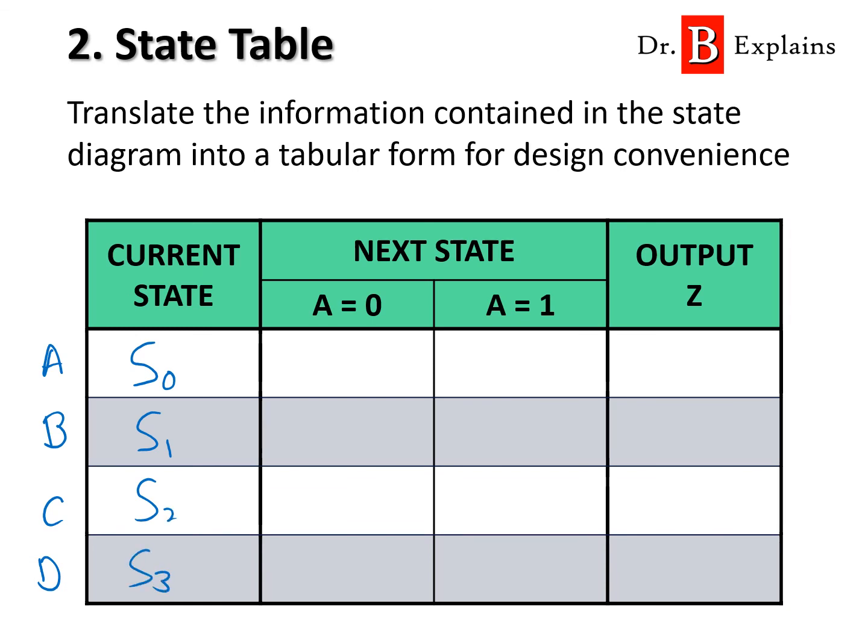And it will become clearer in a minute why I am changing to S0, 1, 2, and 3. So we said that when I am in state A, now that is S0, and I get an input of A equal to 0, where does my arrow point in my diagram?